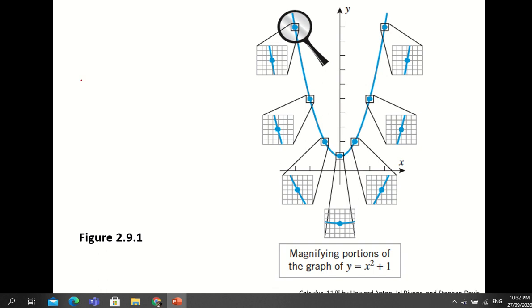Okay, so we have here a parabola. If you are going to use a magnifying glass, we have different points here. This is a magnified portion of the graph y equals x squared plus 1.